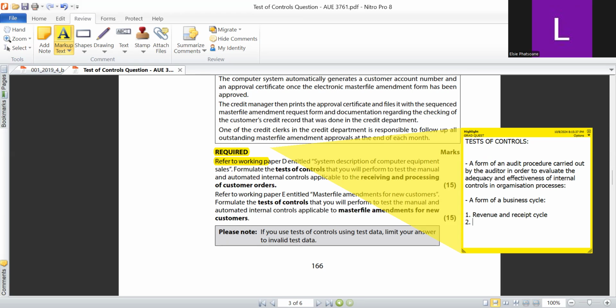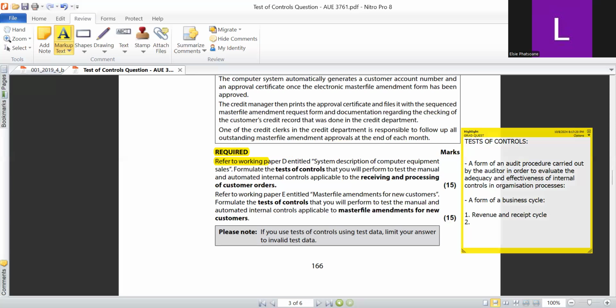So they are selling a particular product or a particular service to their consumers or customers. That process is called the revenue and receipt cycle. What you need to remember are the functions of the process stages in that particular type of cycle in order for you to effectively carry out the test of control.